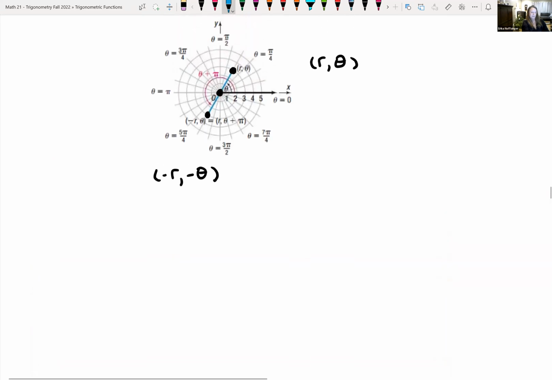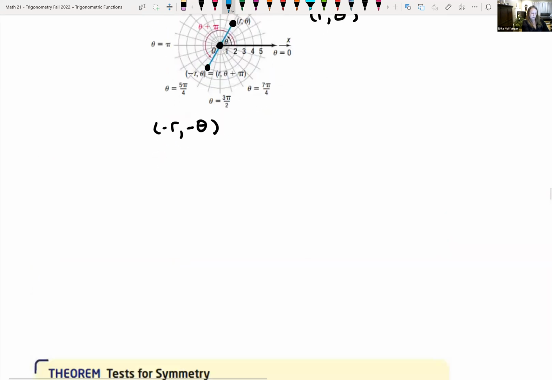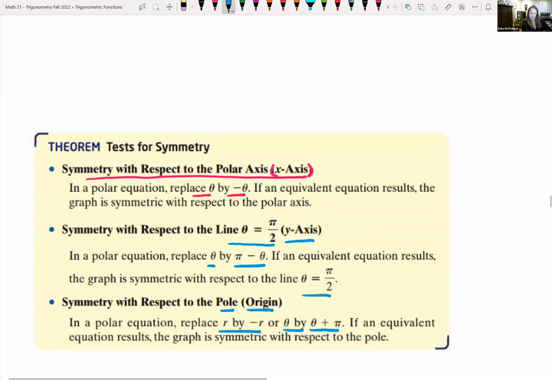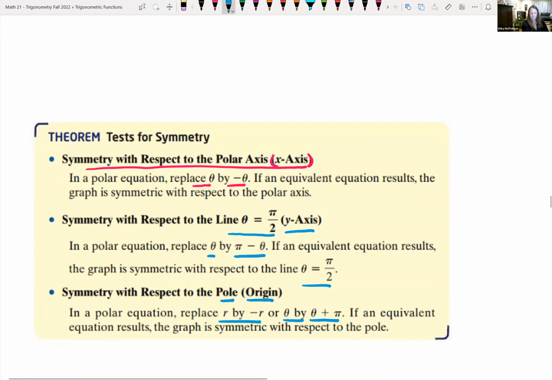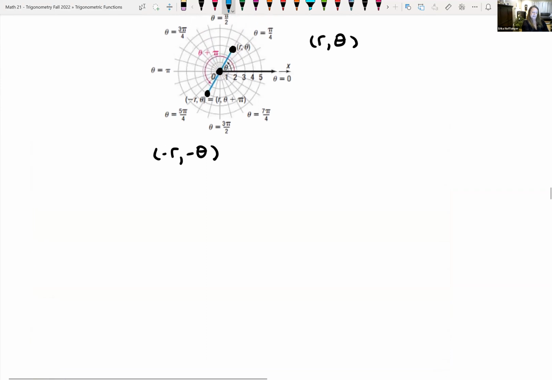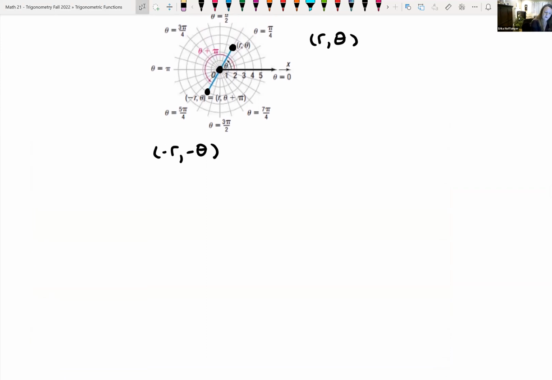So I misstated up here. We want to plug in theta plus pi, but this is the point negative r, negative theta. But to get there, our reference angle here would be theta, but we're going from theta to pi plus theta.